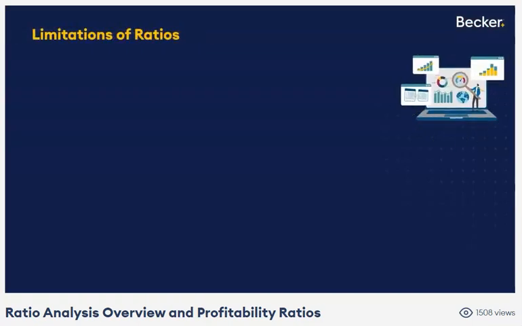Now, some limitations on ratios, folks, heavily dependent upon the reliability of the data. So we're pulling the numbers from the financials. So if the financials didn't get a clean opinion, I'd be very hesitant on using those financials, okay? We also got to be mindful of not only adverse opinions, but qualified opinions and except for, is that something significant that's going to affect our valuation or risk assessment?